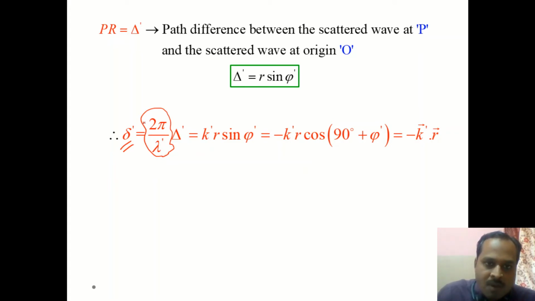So 2 pi by lambda prime is equal to k prime. And what is this k prime? It is the magnitude of the wave vector k prime, which is the scattered wave.